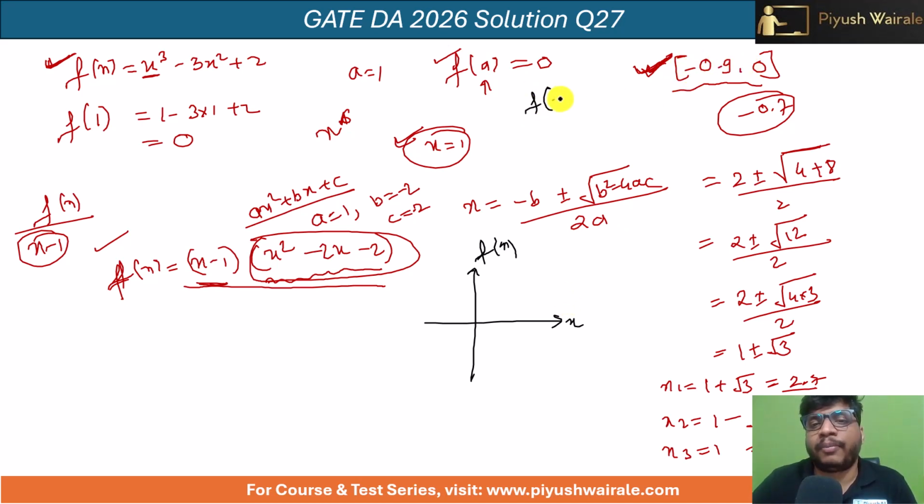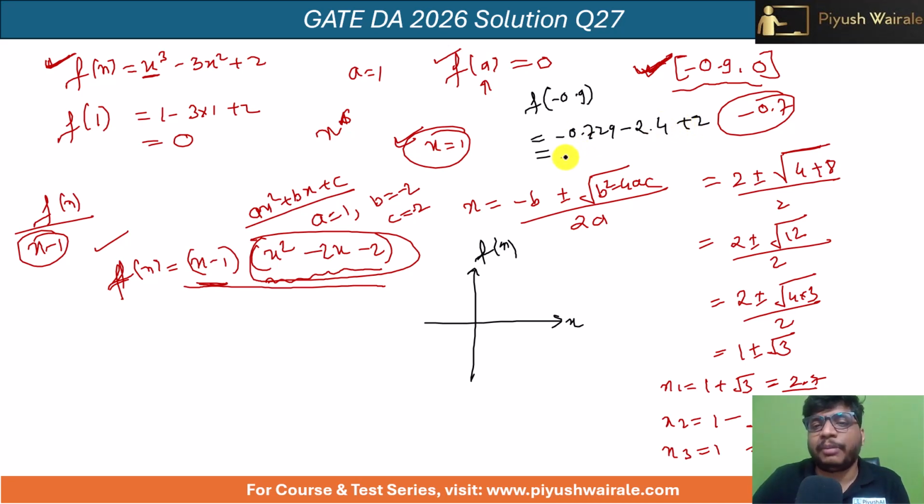So f of minus 0.9 is what? If you observe, 0.9 cube is minus 0.729, minus 3 into 0.9 square, which is 0.81 into 3, that is 2.4 something, right? So minus 2.4 minus 0.7 is 3.1 something, plus 2.